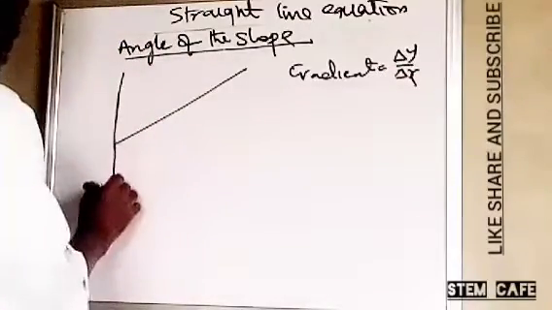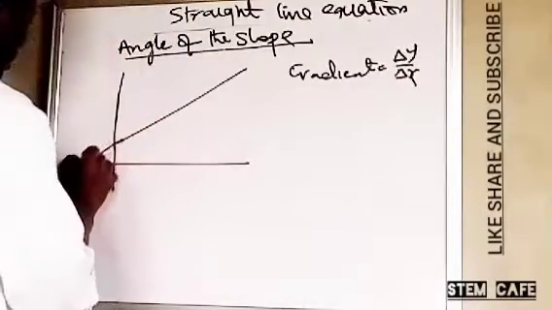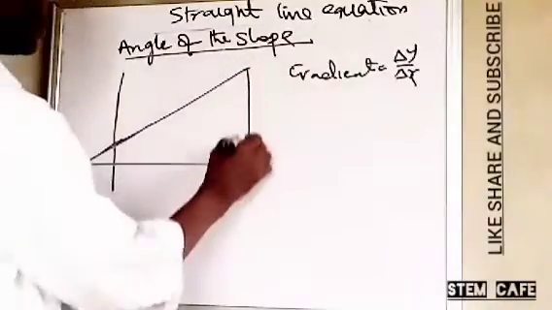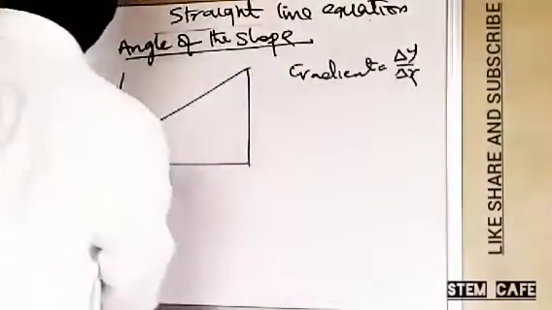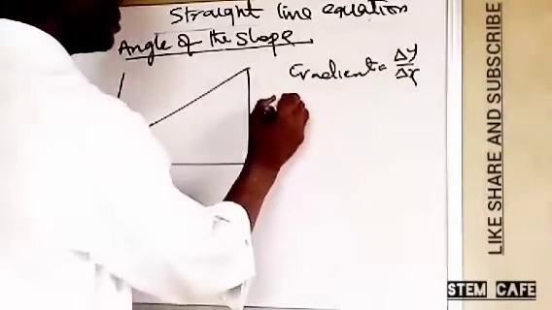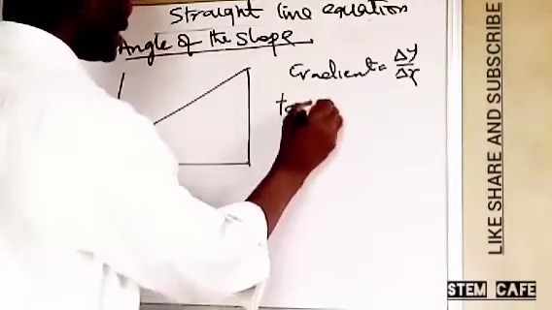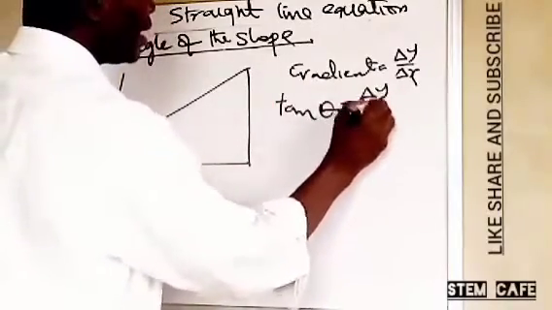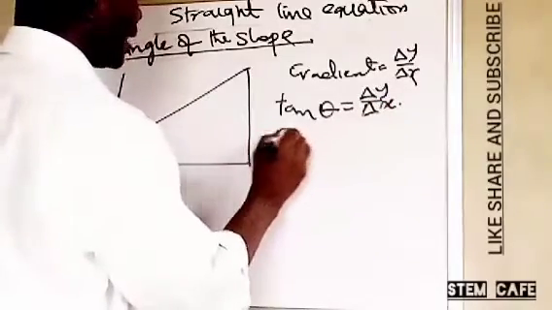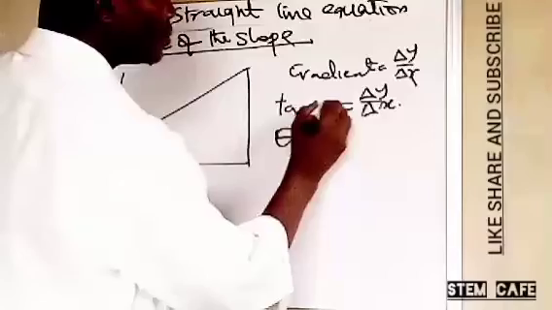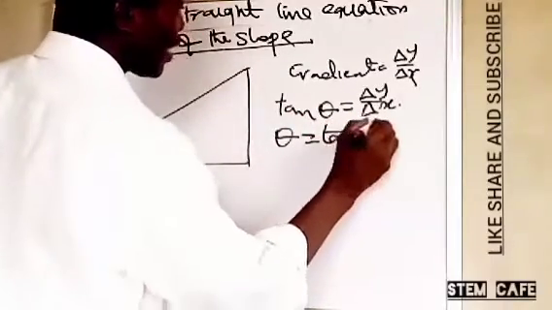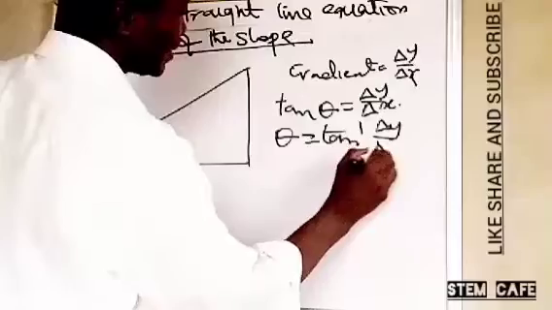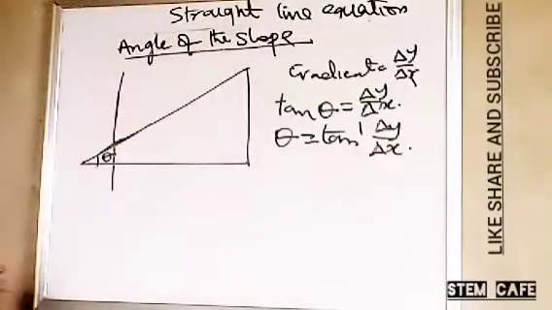If you look at this, you can see that tan theta corresponds to delta y over delta x, and theta will correspond to arctan of delta y over delta x. So the angle of the slope is arctan of the gradient of the line.